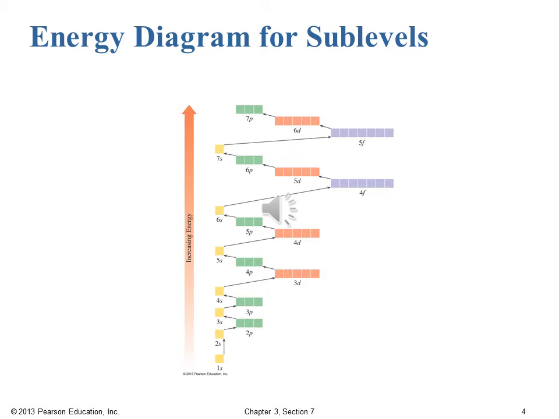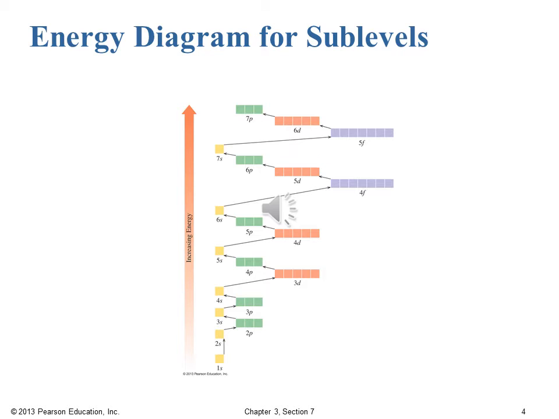So that's why we tend to see the d sublevel appearing in the next principal energy level. So if you're looking for the elements with electrons in their 3d sublevel, you're going to have to look for periodic table horizontal row number 4, principal energy level 4. If you want to know where the 4d's are, you're going to look in energy level 5.